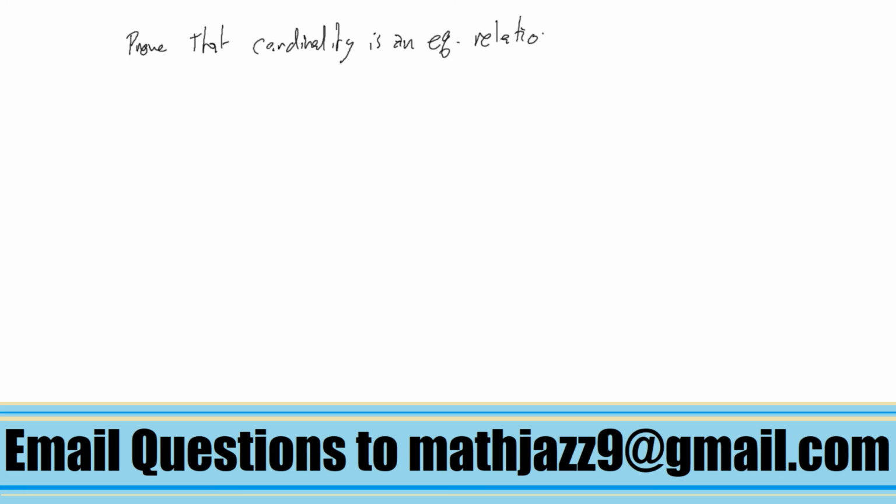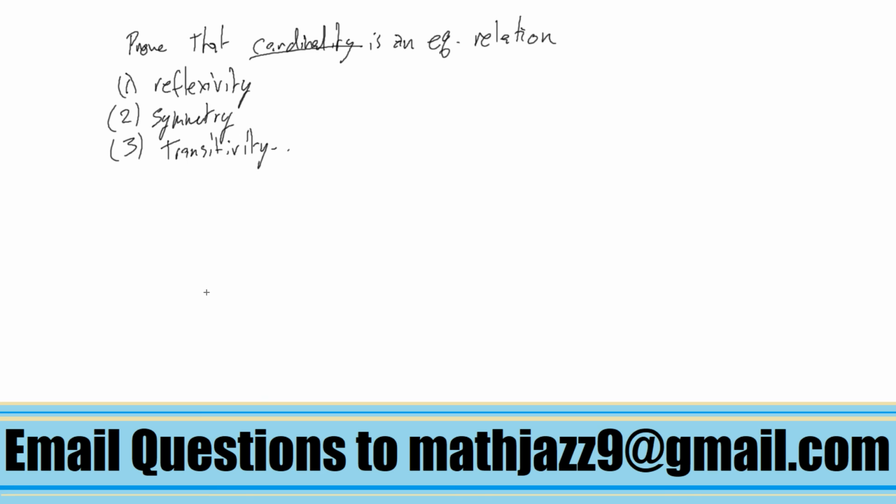If we recall, to be an equivalence relation, we need three properties. The first one is reflexivity. The next one is symmetry. And the last one is transitivity. So, we're going to prove that our cardinality relation that we've discussed has these three properties.